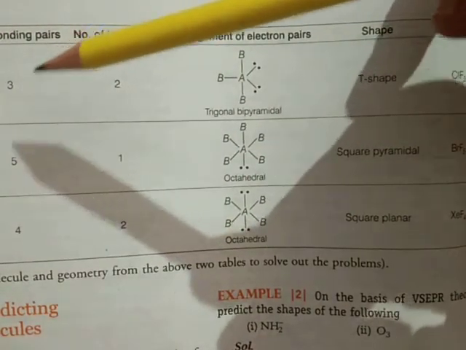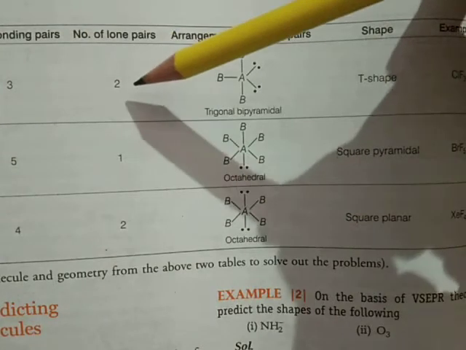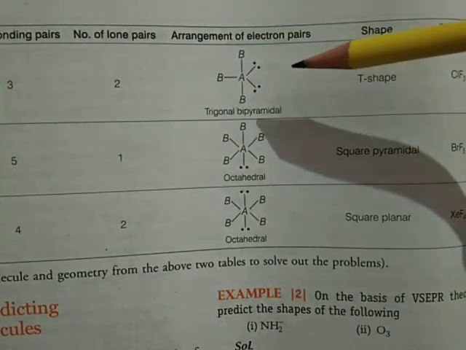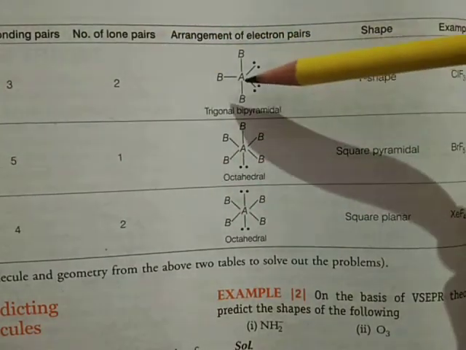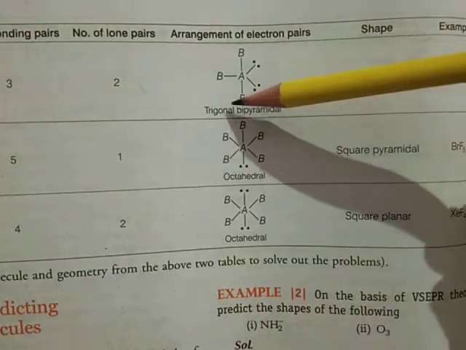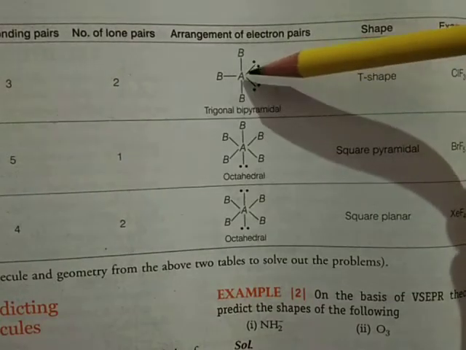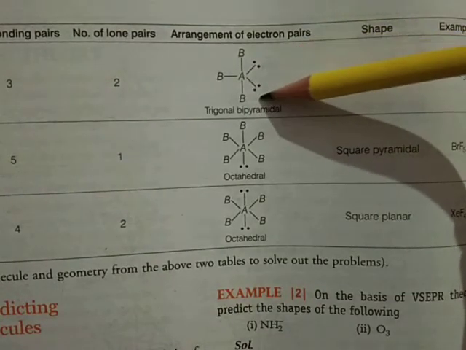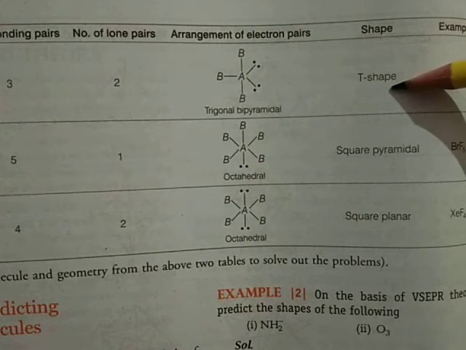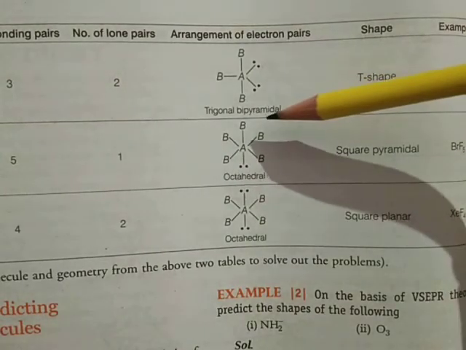Now, if the bond pairs are 3 and lone pairs are 2, then its shape should be trigonal bipyramidal, but due to the presence of 2 lone pairs of electrons, its shape is T shape. Why is the base shape trigonal bipyramidal?